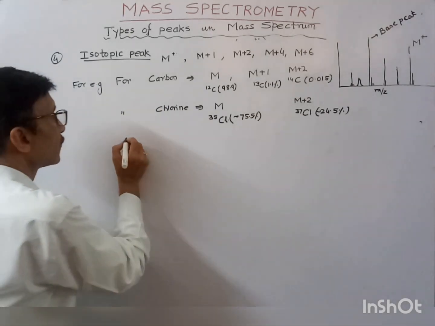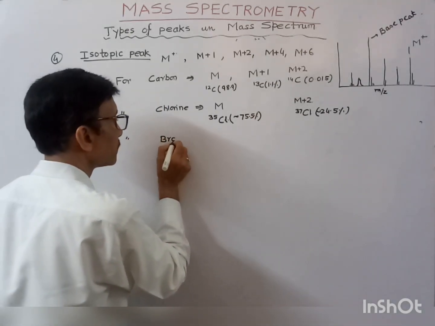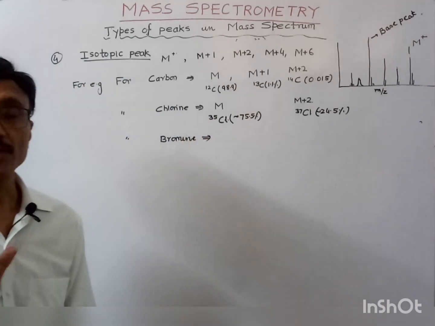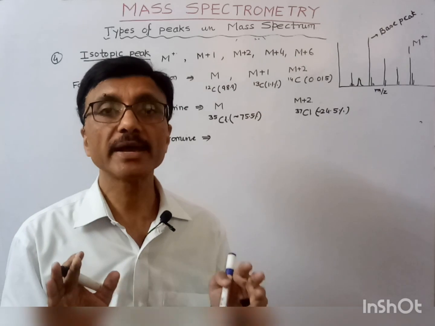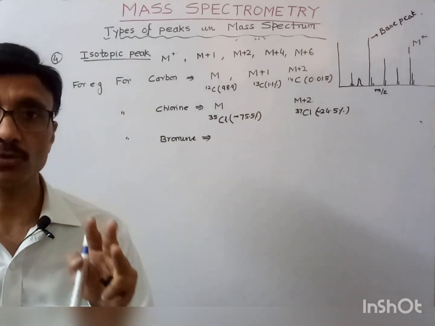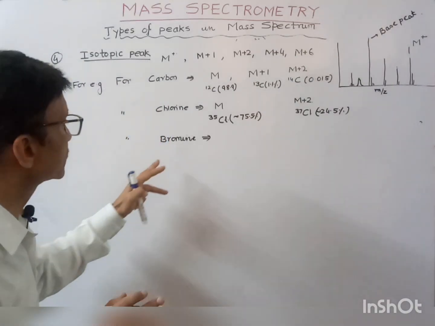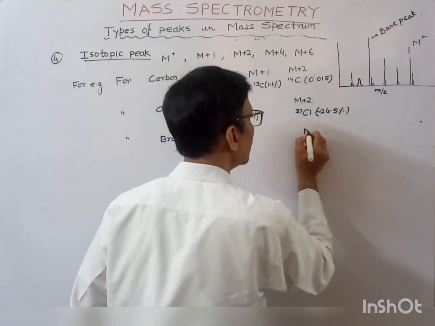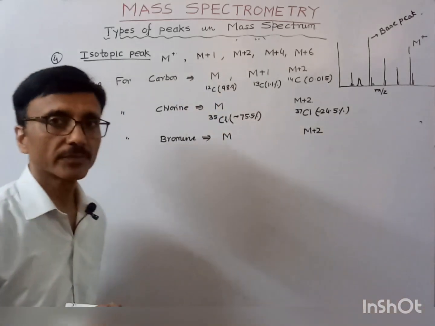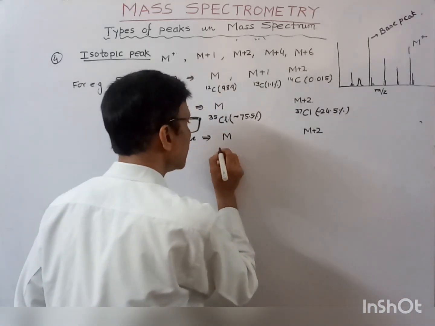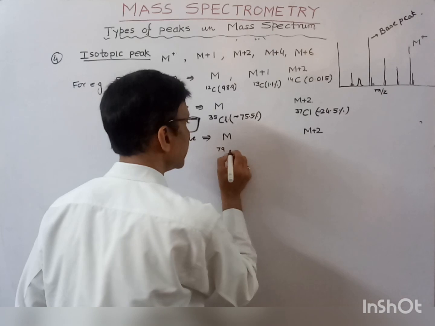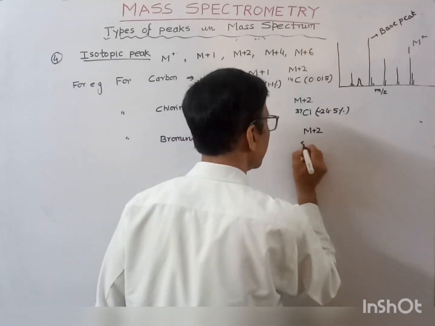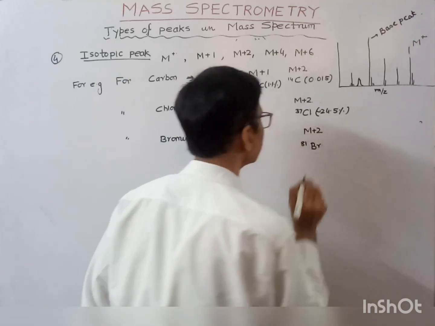In the same way, if bromine is present in a molecule, then the molecule will show isotopic peaks, one the M peak and the other the M plus 2 peak. Bromine has the mass 79, and its isotope has the mass 81.